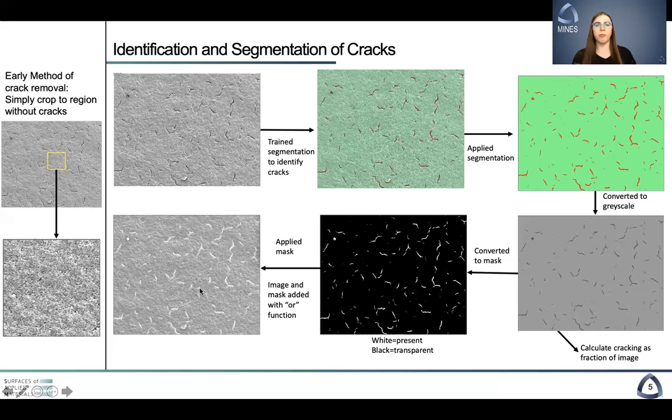So our algorithm won't read any of the areas that were identified by the Weka segmentation algorithm as cracks. This is what really allowed me to analyze the true roughness without any cracks in there and without just cropping to a small non-representative area.